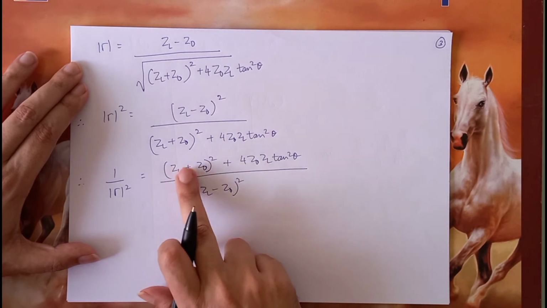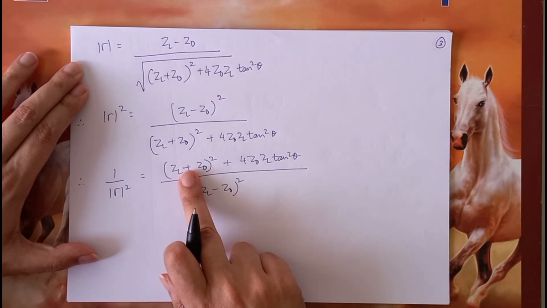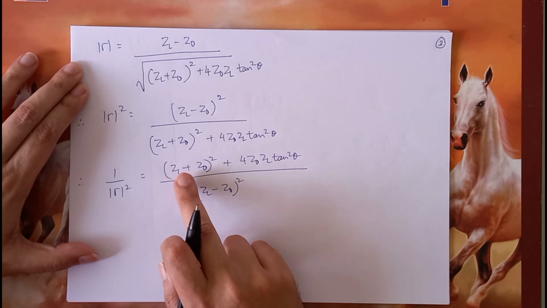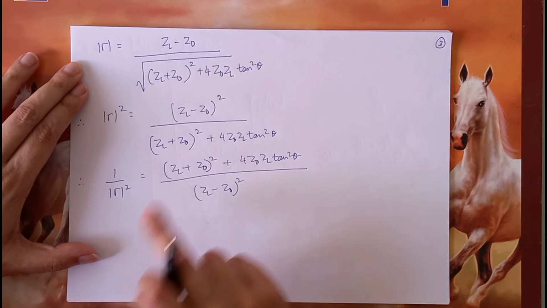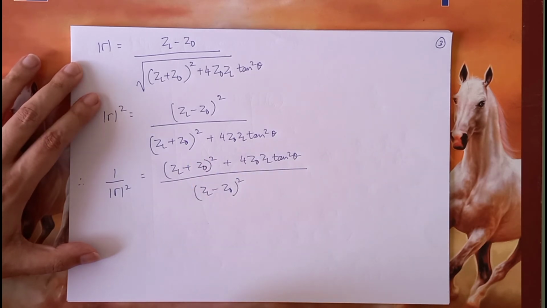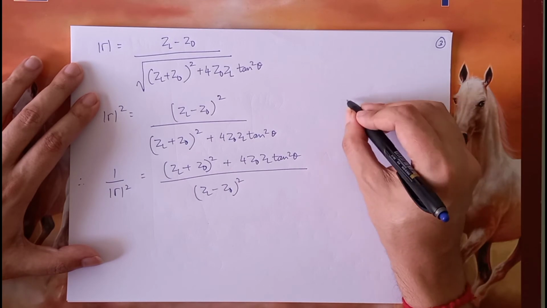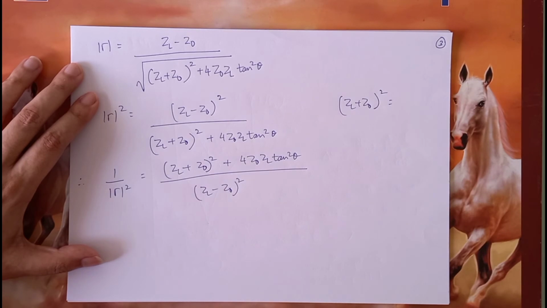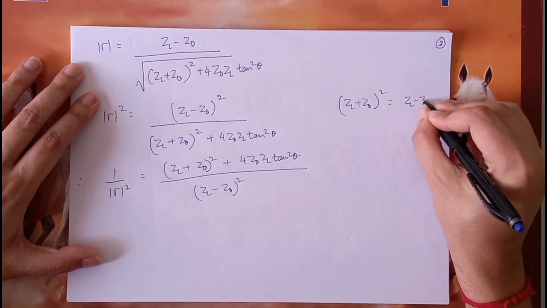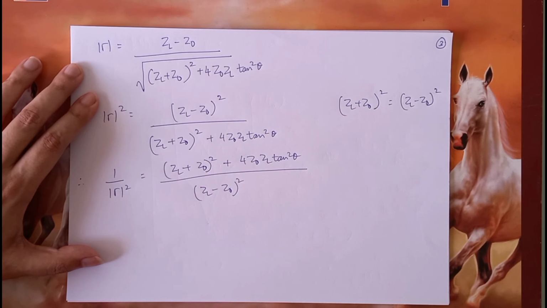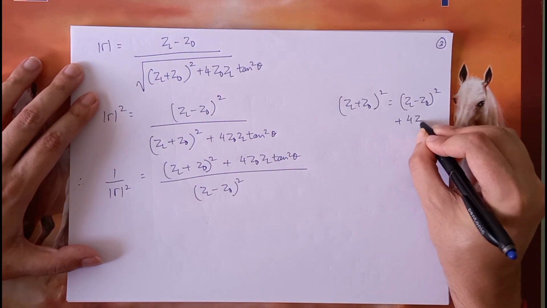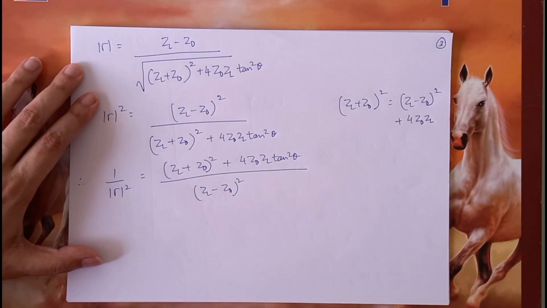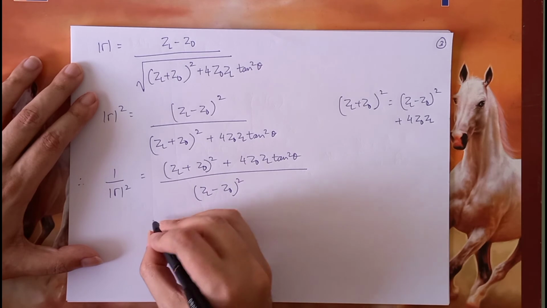Now what I can do is use a simple algebraic manipulation and rewrite this term ZL plus Z0 the whole square in terms of ZL minus Z0 the whole square. So I can say over here ZL plus Z0 the whole square is nothing but ZL minus Z0 the whole square, but with a plus 4 Z0 ZL term. So therefore let's rewrite this.